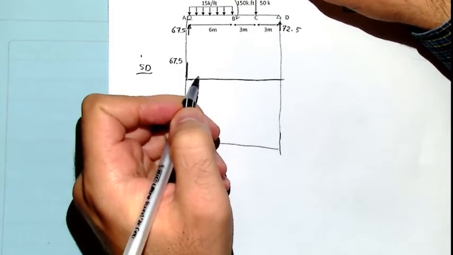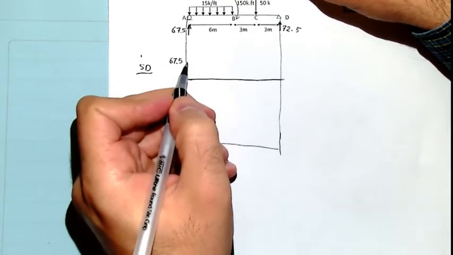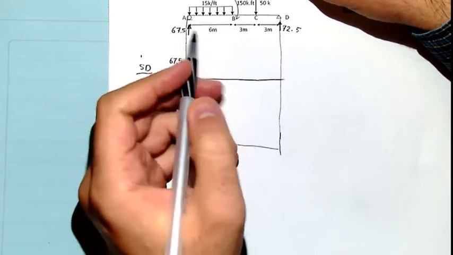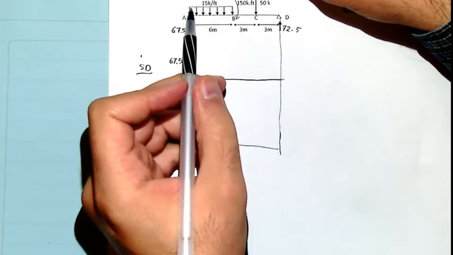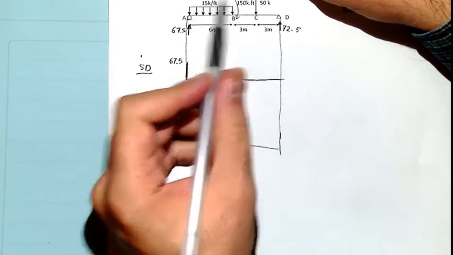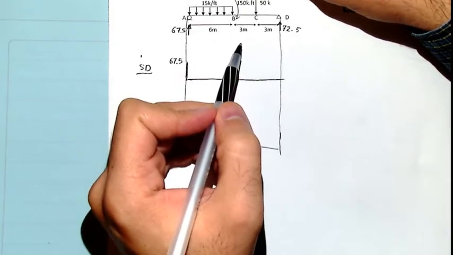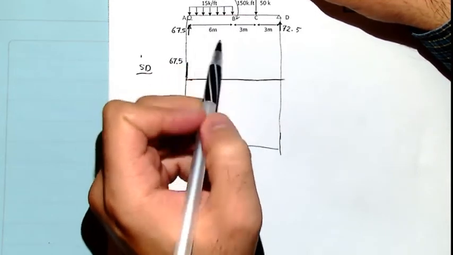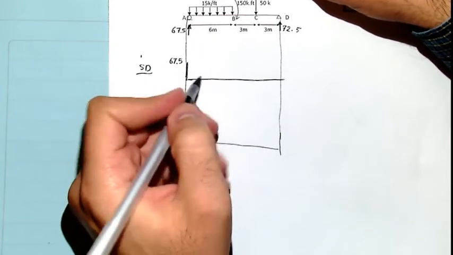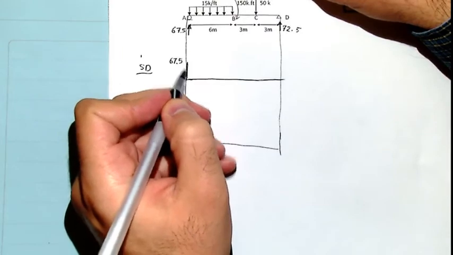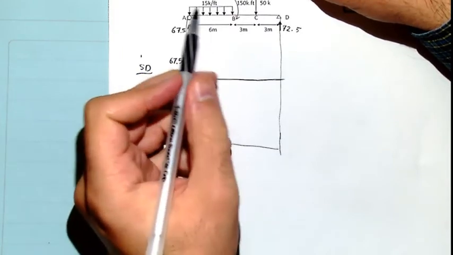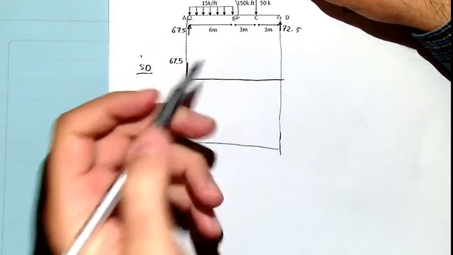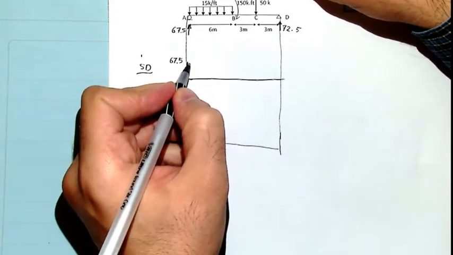Then we have a distributed load, so it's a straight line. It would be a declining line, linear of order 1, which is 15 multiplied by 6, which gives 90, and 67.5. It shows that it would be added, but we have to show it in this way.